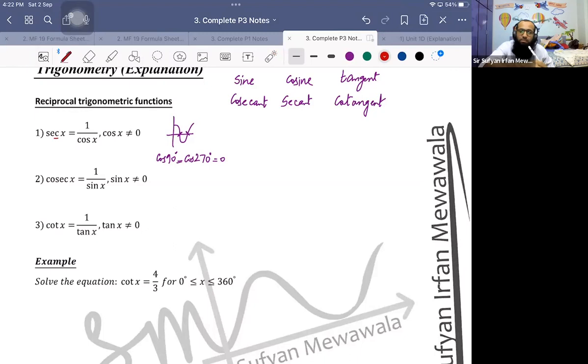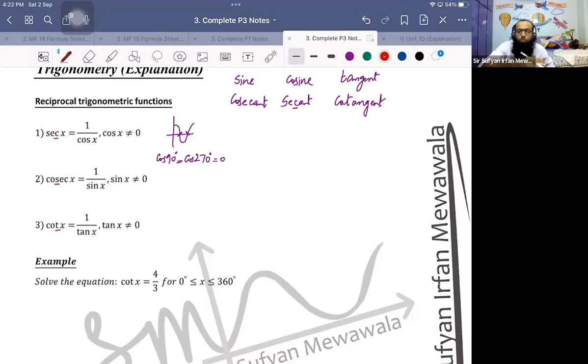If it is sec x, secant, then c stands for cos. So it is the reciprocal of cos x. If it's cosec x, then the third letter is s. So it is the reciprocal of sin x. If it is cot, the third letter is t. So it is the reciprocal of tan x.